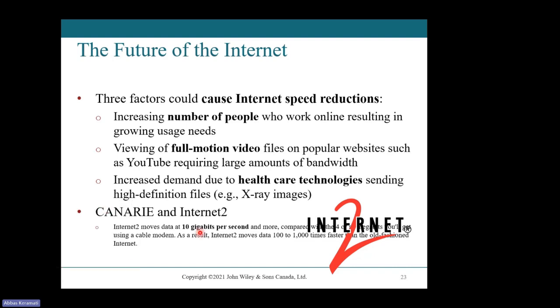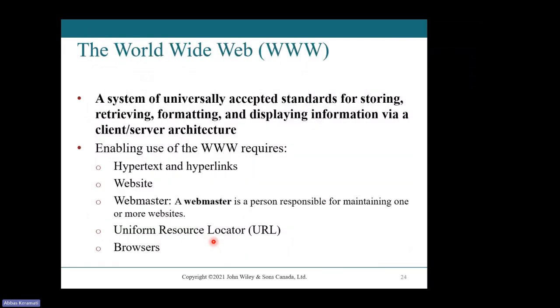Internet 2 is developing 10 gigabits per second and more, 100 or 1,000 times faster than the current internet. Some organizations and countries are now developing this, and in the near future we will have a faster and faster internet. In Internet 2, everything is connected to the internet.